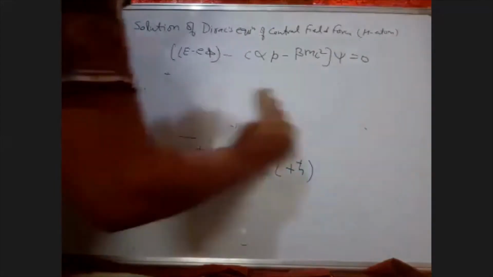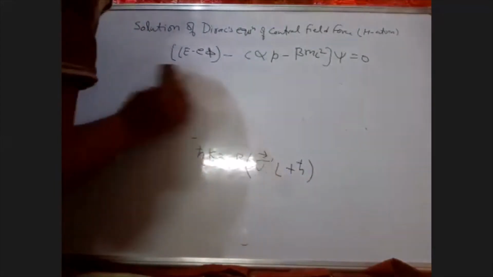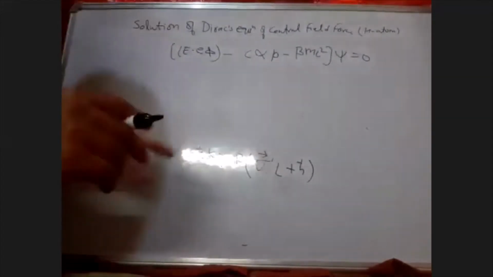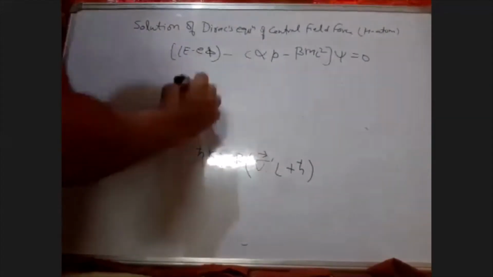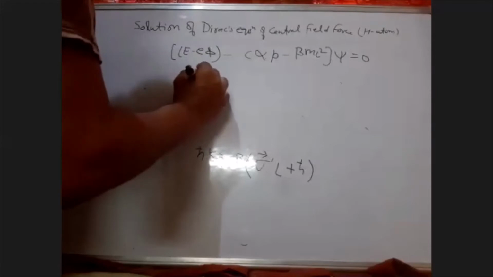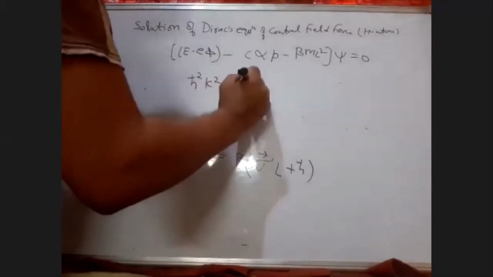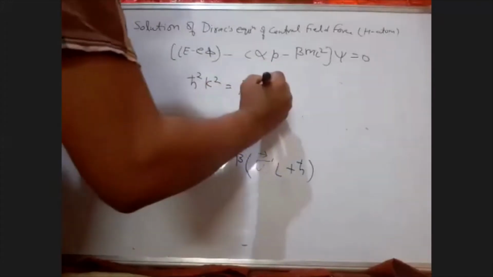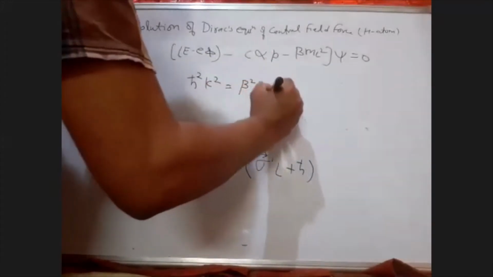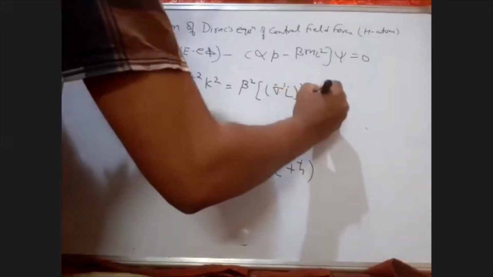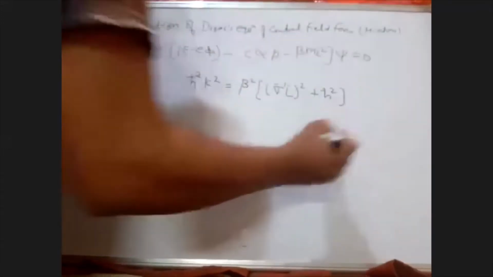Considering this fact, now we have to look at this new operator K, which is defined like that. Squaring both sides, h cross square K square is equal to beta square times (sigma dash dot L plus h cross) square.